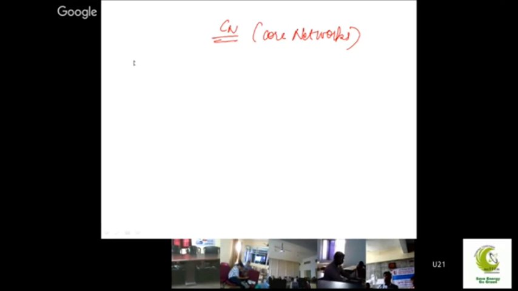Basically, the main function is that it performs paging. Paging means if I am calling a specific user, suppose I am calling this XYZ number, then how will my network know that I am calling this XYZ? So that is performed under paging.